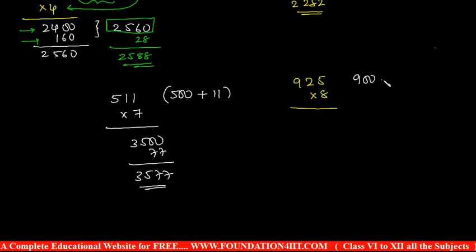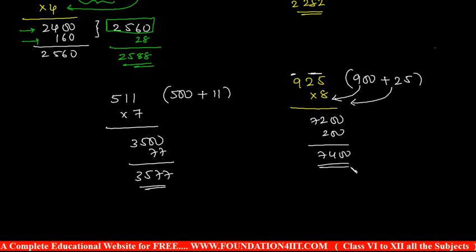If you have a little idea about those numbers, instead of taking single digits, you can take them in combination, like 9 hundreds and 25 together. 9 into 8 is 72, two zeros, so 900 into 8 is 7200. And 25 into 8: 25 is 1/4 of 100, so it is just 200. Total 7400.